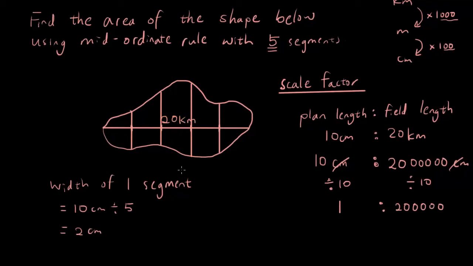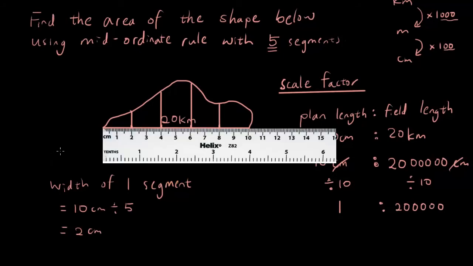So how will we find the midpoint of each segment? Well, in this case it's easy, because if each width is 2 centimeters, the midway point will just be 1 centimeter. So I'm going to mark that out with another colored pen. So the middle of each segment, let's write them out.